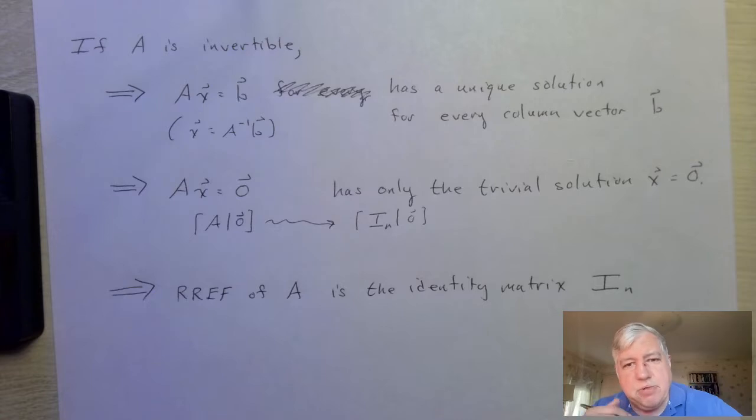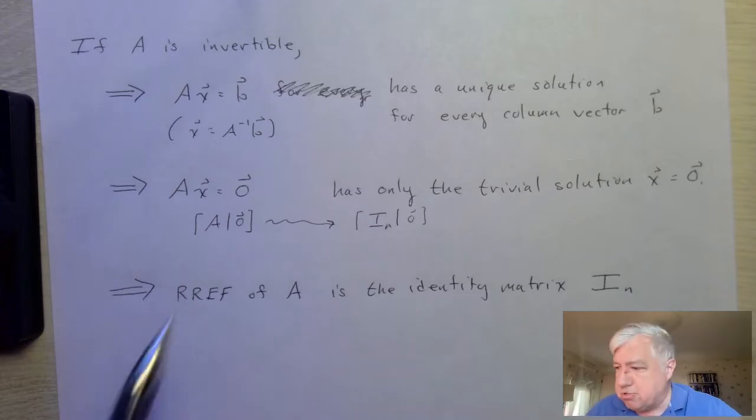However, if you don't have n pivot columns, if you have, let's say, n minus 1 or fewer, then you're going to have a row of zeros. And when that happens, you're going to have free variables, and you'll have more than one solution to this equation.